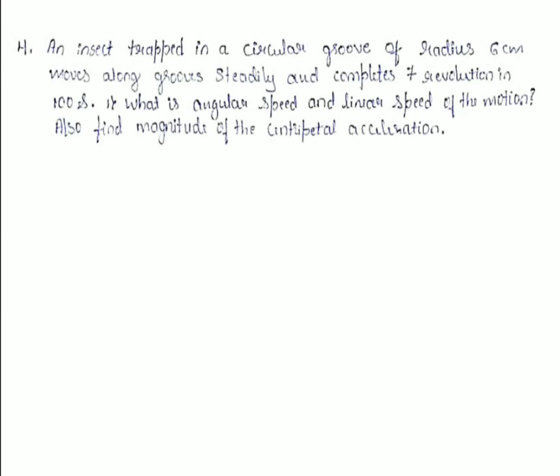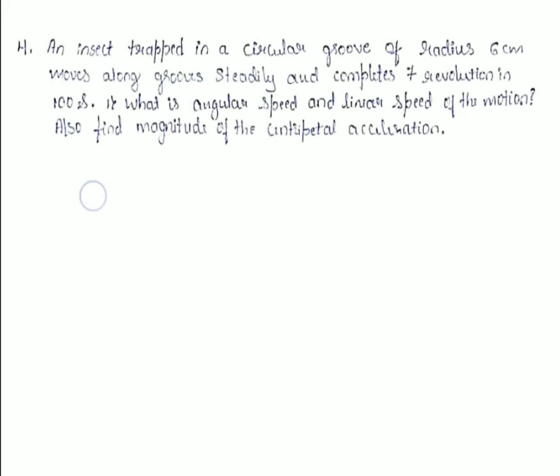An insect trapped in a circular groove of radius 6 cm moves along the groove steadily and completes 7 revolutions in 100 seconds. What is the angular speed and the linear speed of the motion? And also find the magnitude of the centripetal acceleration.